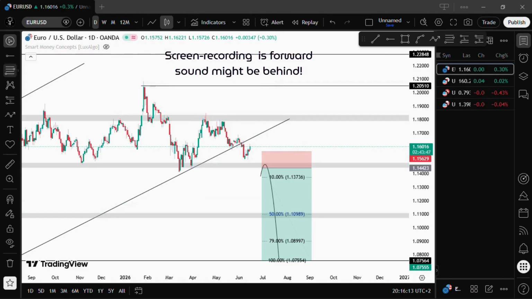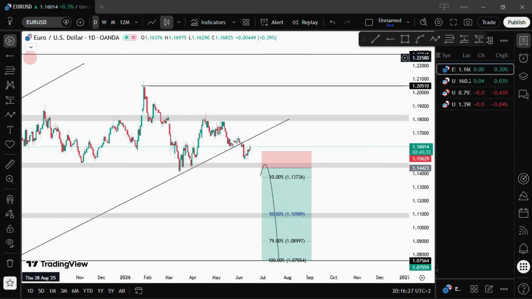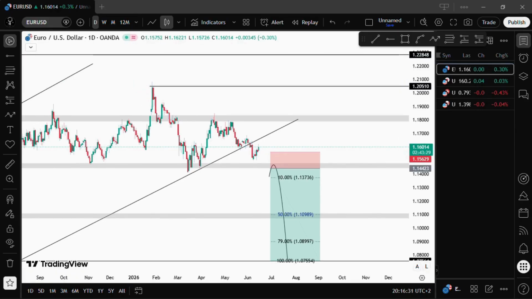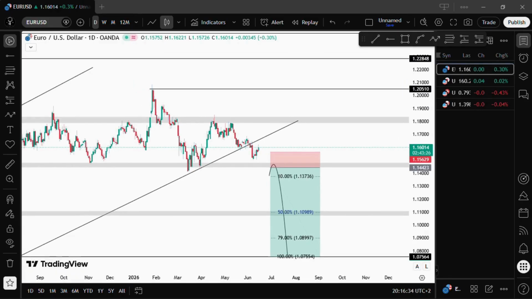Okay guys, so it would have already retested, and then we touch my 10% level. Okay guys, so after touching my 10% level, we would then push towards the downside. Okay guys, let me just bring my entry level right there.